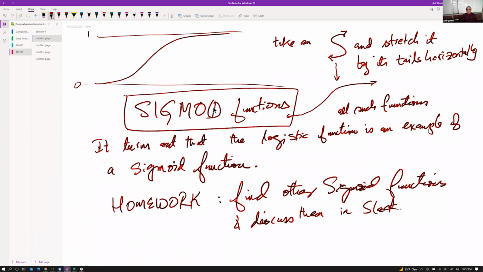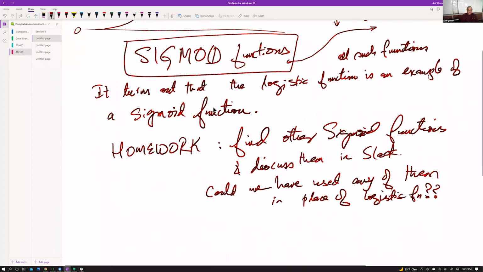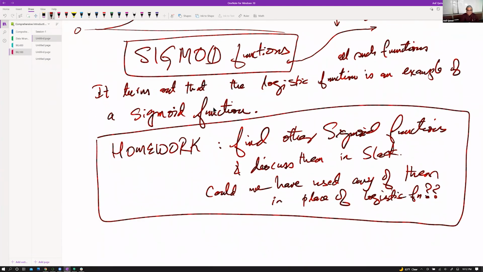For example, could we have used any of them in place of the logistic function? This is a thought experiment. Do that, guys, and discuss it. Right? This is your homework. Are we together?